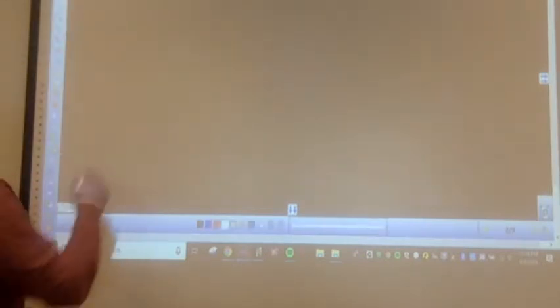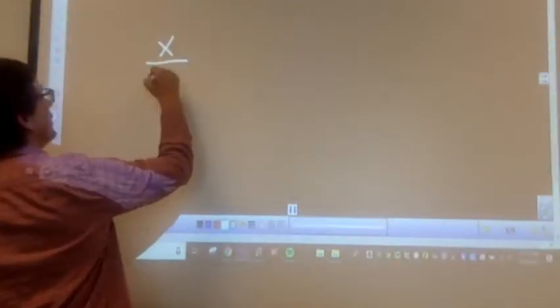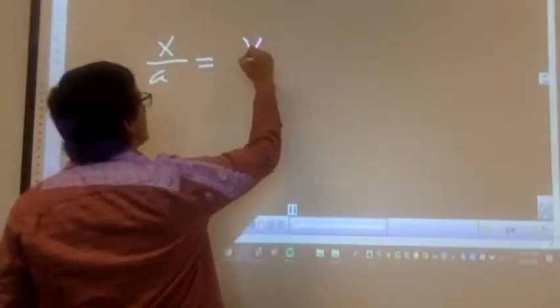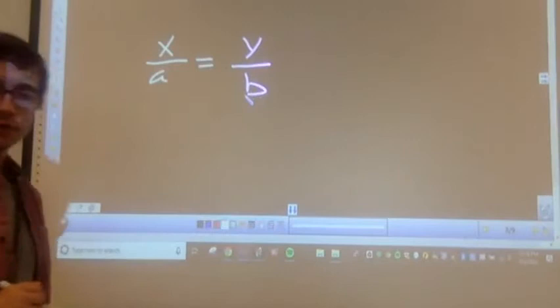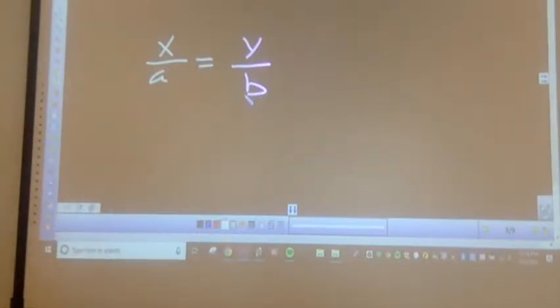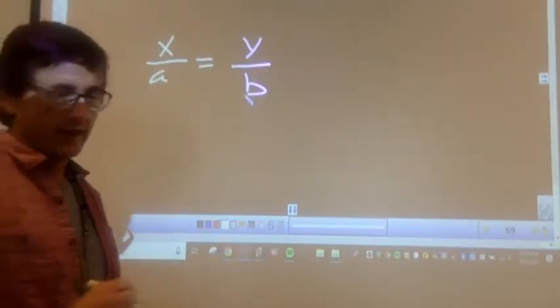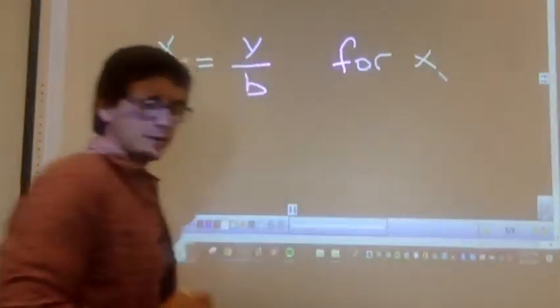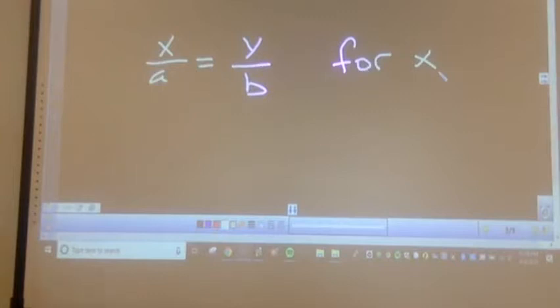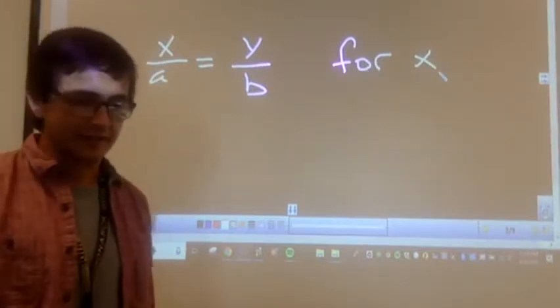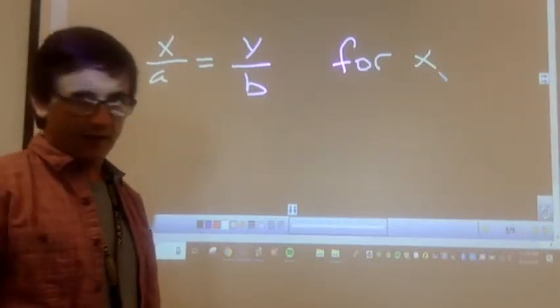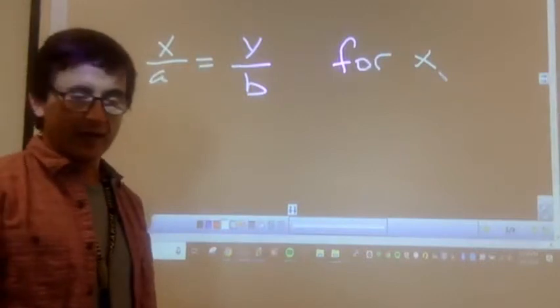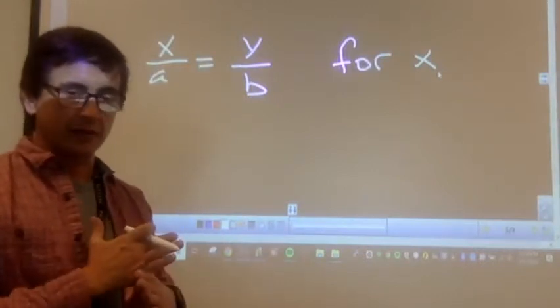Next one. So x over a equals y over b, and we're solving this one for x. Anytime you see two fractions like this, in almost any problem, I will cross multiply.